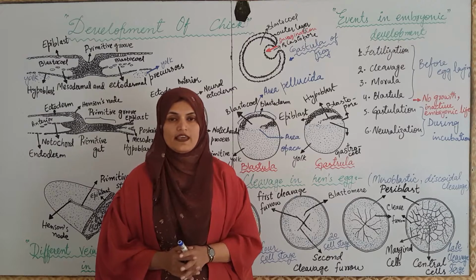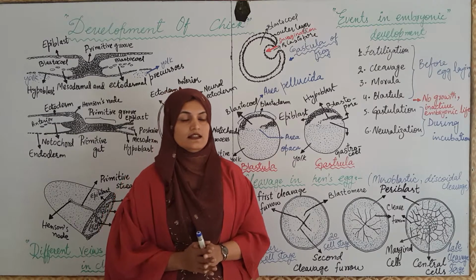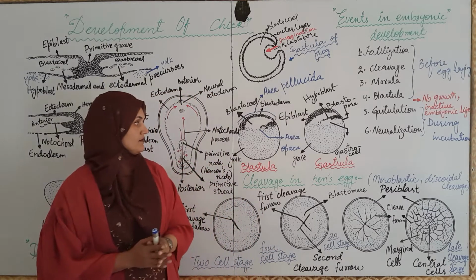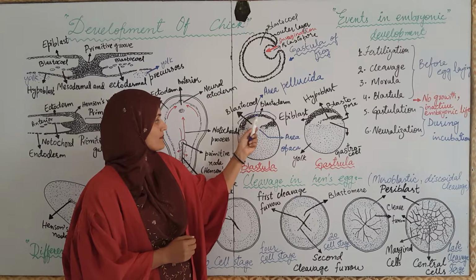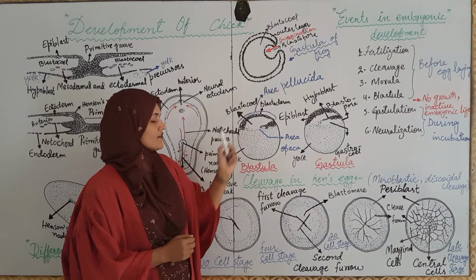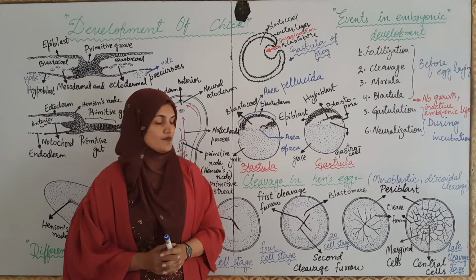In all amniotes, the cells provided to the embryo come from the epiblast. The epiblast gives cells for the further development of the embryo.